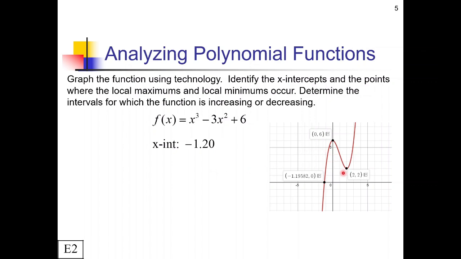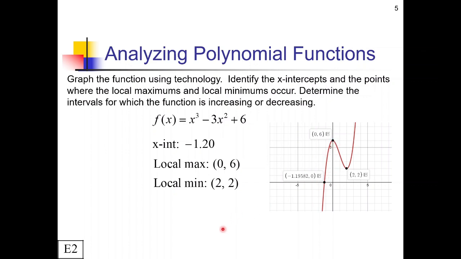So just going kind of from left to right here, we see that we've got a local max, a highest point, a hill, at 0, 6, and a local min here at 2, 2. It's a valley. Now for increasing versus decreasing, let me actually do increasing first. Our graph is increasing, moving up as we go to the right from negative infinity to this spot right here where we hit that max at x equals 0.